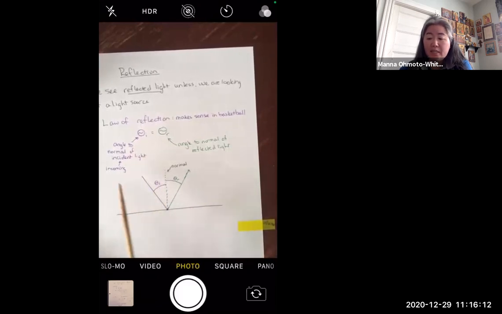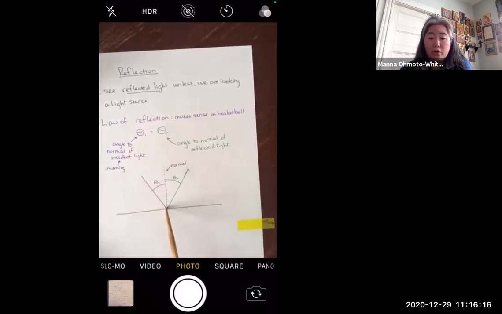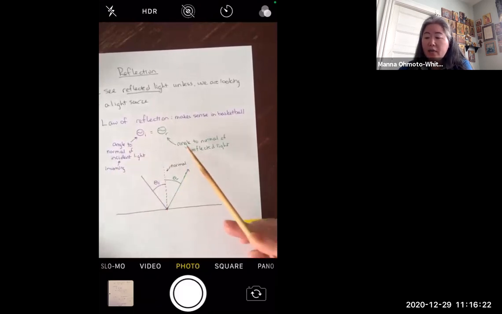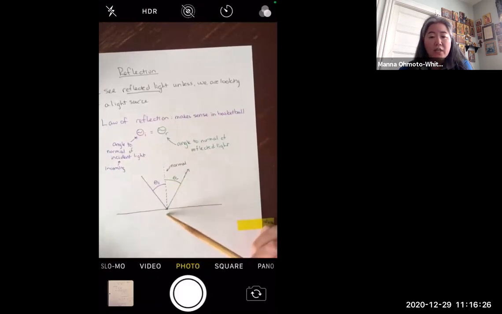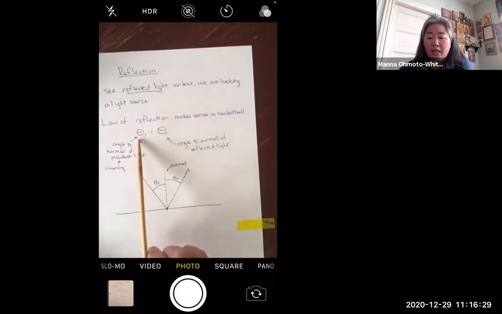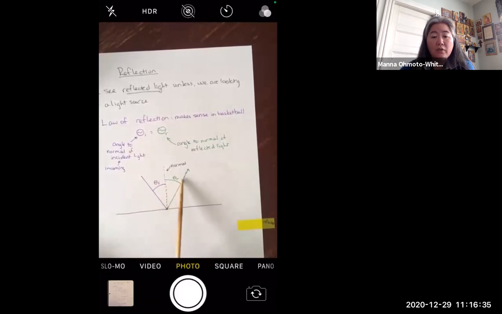And incident means that it's incoming. And we show that because the arrow is going toward the surface. And then this is the reflected light, and this is the angle from the normal that reflected light has. And the law of reflection states that the angle of the incident light to the normal will be equal to the angle of the reflected light to the normal.